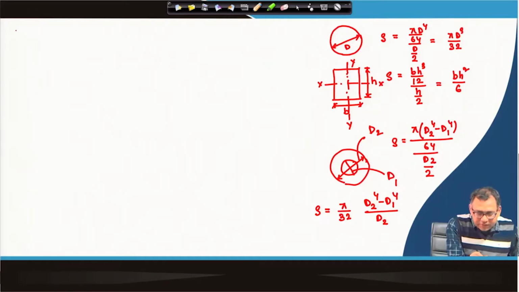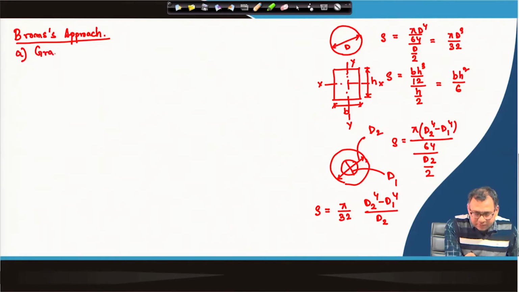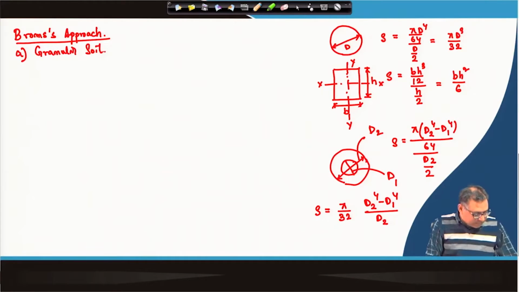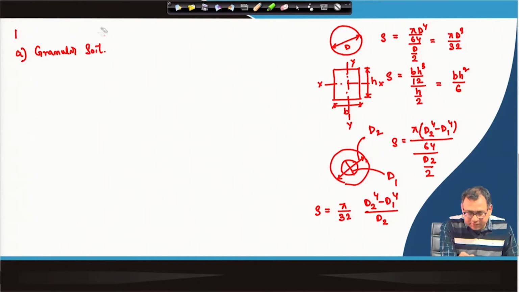Now, first we will consider Broms' approach. The first case is the granular soil. For the granular soil, first one will be Broms' approach and then the second one will be the simplified approach.